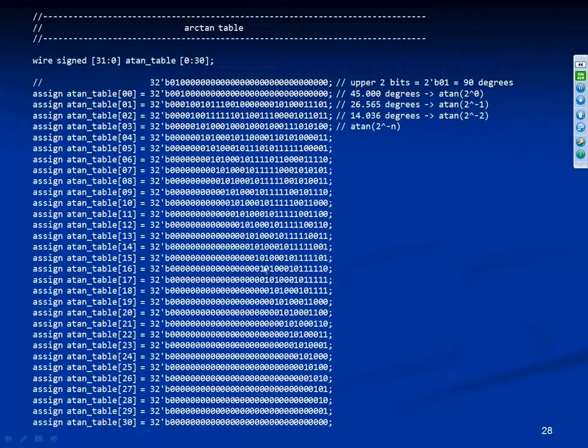So I'm just making a table of all of these values of my angles until I get down to like here 30, where it's all gone. But it turns out we're only going to use up to 22 of these for now because of our data width being 22 or whatever. So all this is just a table of all the different arctangents of 2 to the minus n.